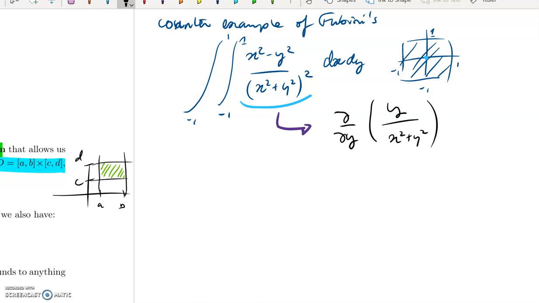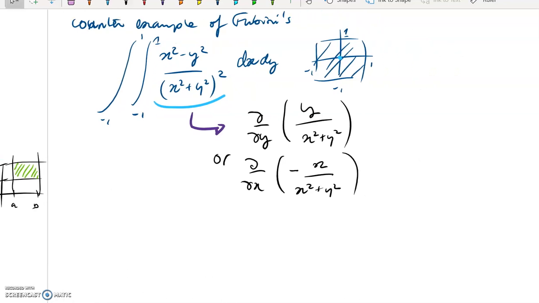Or it can be seen as d over dx of minus x over (x² + y²). Again, perform the derivative of these two functions and see that it gives you the function we're looking for.